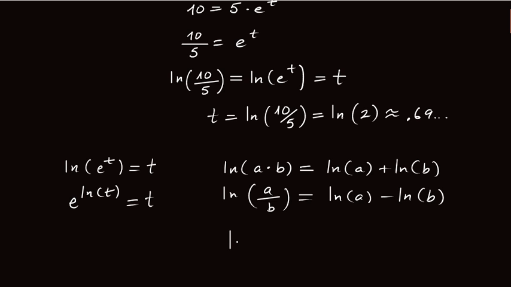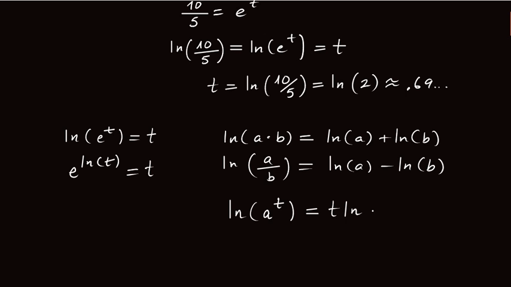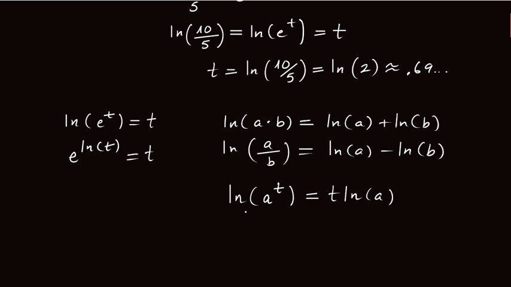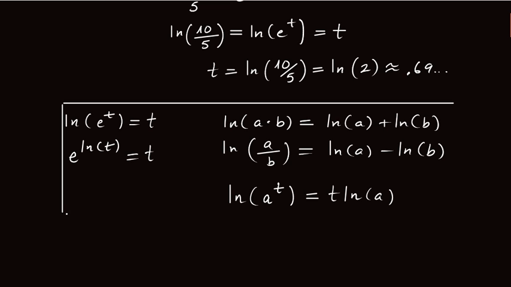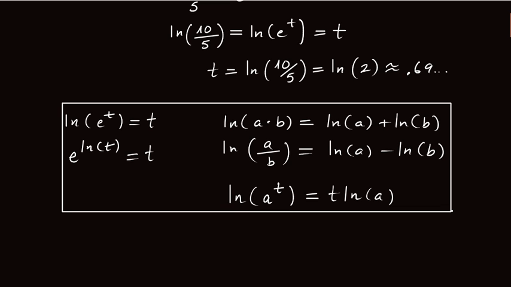The one other property that's very useful about the natural logarithm is that the natural logarithm of a to the t is simply t times ln of a. Okay. A couple other interesting facts that you can derive from these important formulas to be memorized are the following.